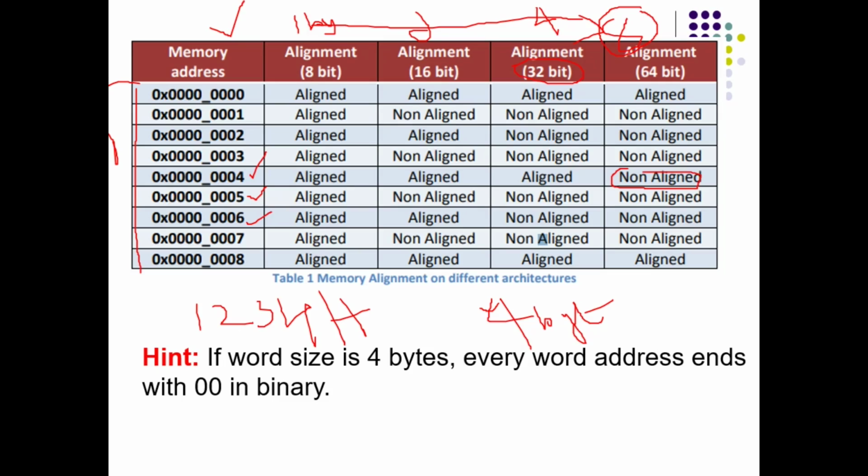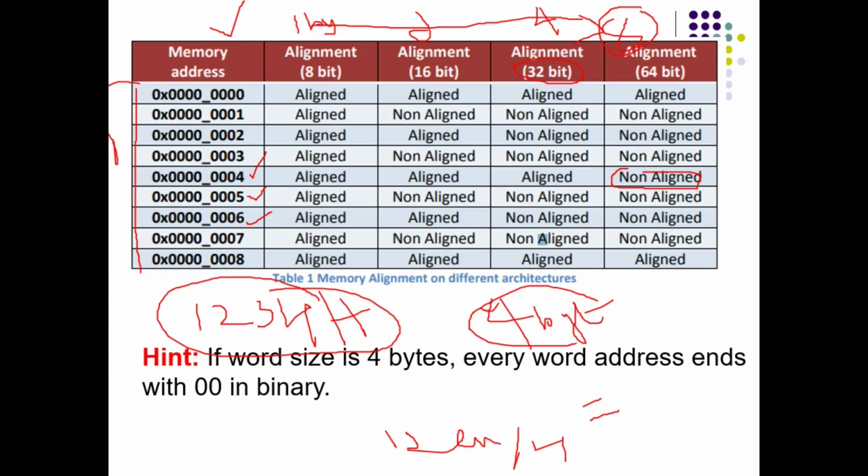Check whether it is aligned or not. How? 1234h is a hexadecimal number. Convert it into decimal and check whether the decimal equivalent is a multiple of 4. If yes, then the word which begins with this address is aligned. So this is how we can explain this table.